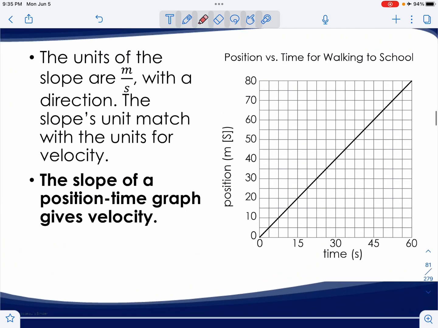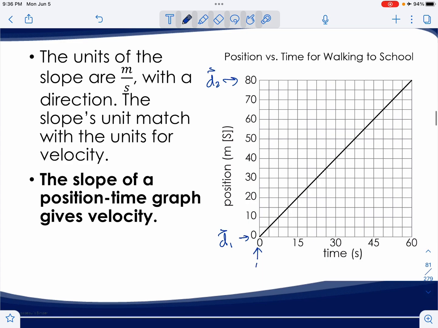Because if we look at here, this would be position 1, and this would be position 2, and this would be time 1, and this would be time 2. So the rise over run would be position 2 minus position 1 over time 2 minus time 1. That would be the slope.